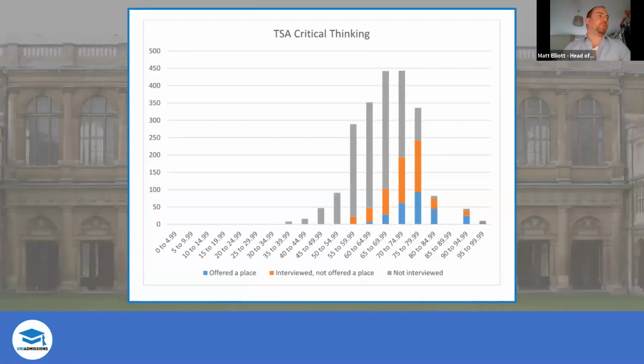You're over 50% chance of getting an offer here in the 80 plus, whereas you were barely at 25% over here in the 75 plus. So those are 3 or 4 really valuable marks in terms of taking you from might get in to probably will get in.